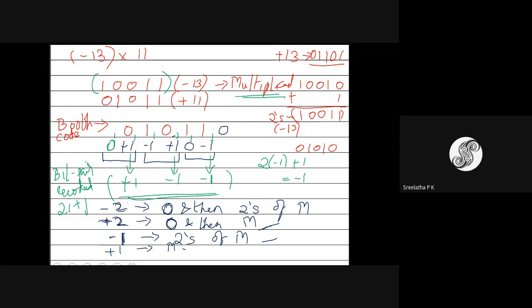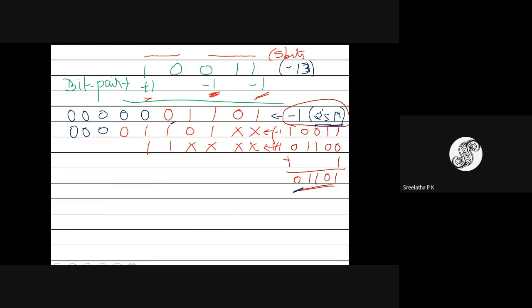The multiplicand is minus 13, that is 1 1 0 0 1.